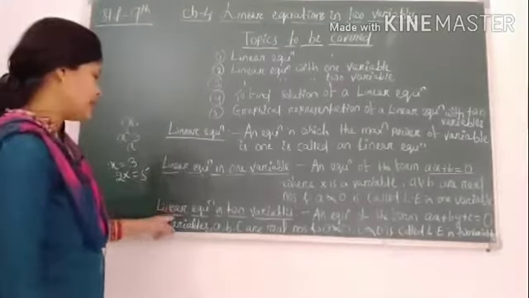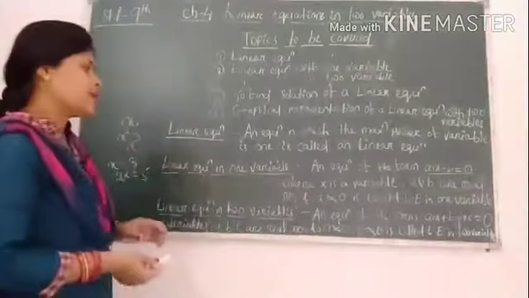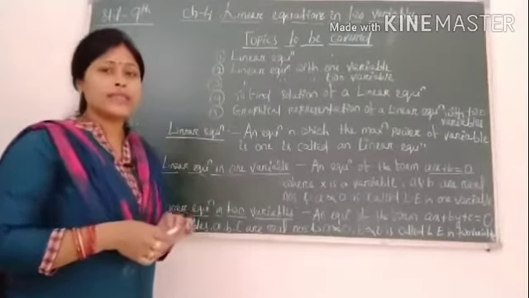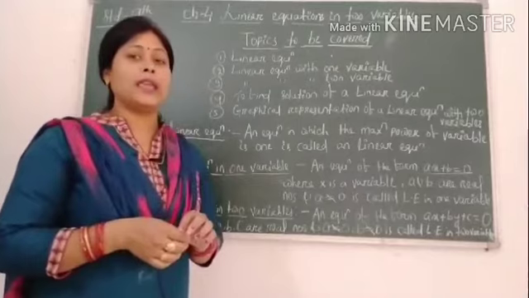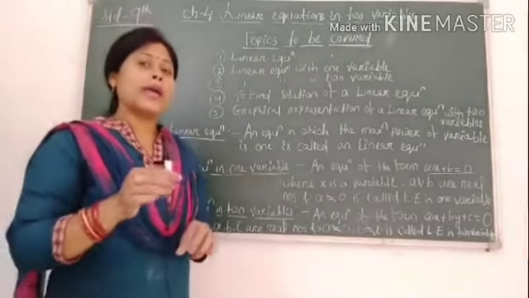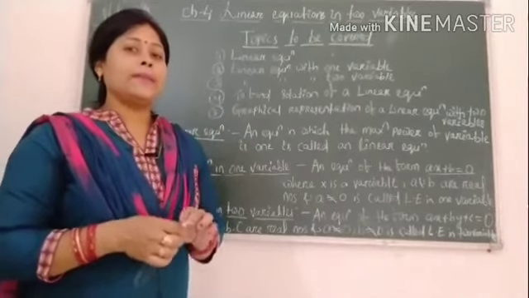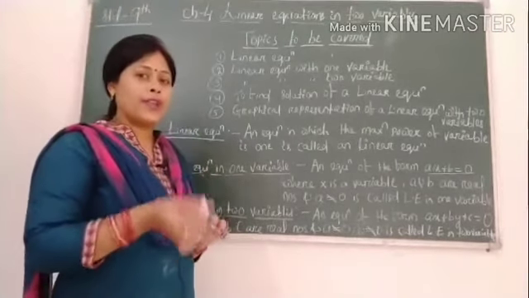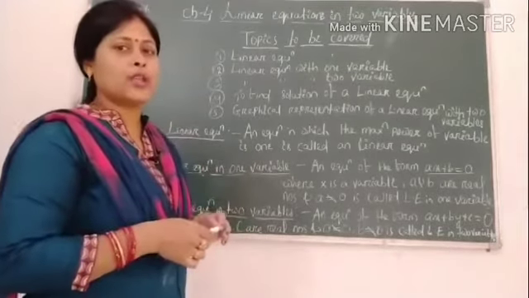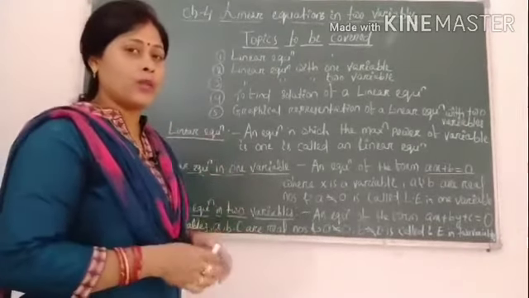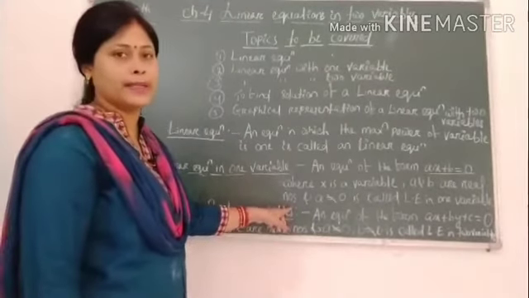Then come to linear equation in two variables. In the same way, an equation in the form ax plus by plus c is equal to 0, where x and y are variables, a, b, c are real numbers, and a should not be equal to 0 and b should not be equal to 0, is called a linear equation in two variables.